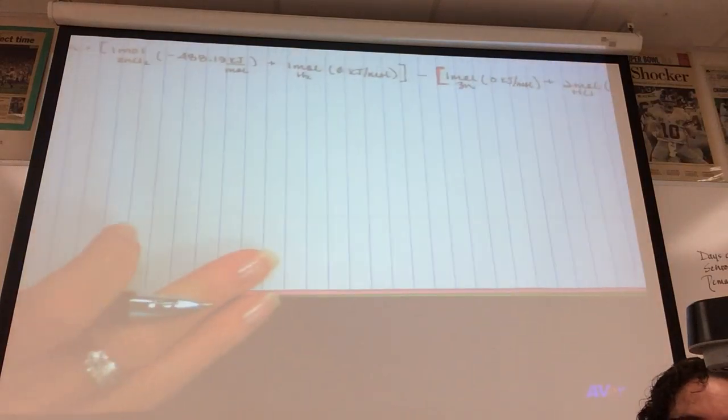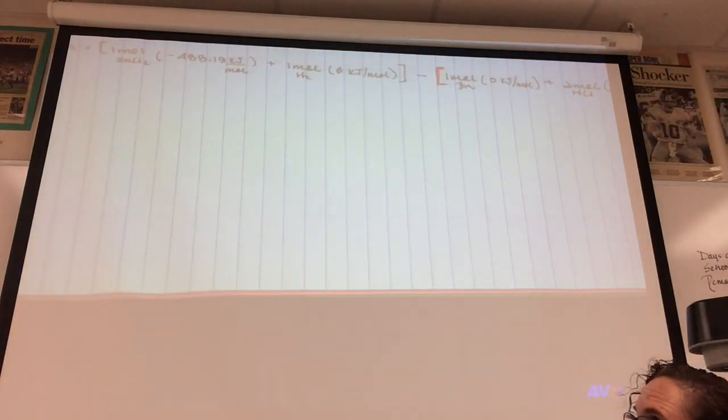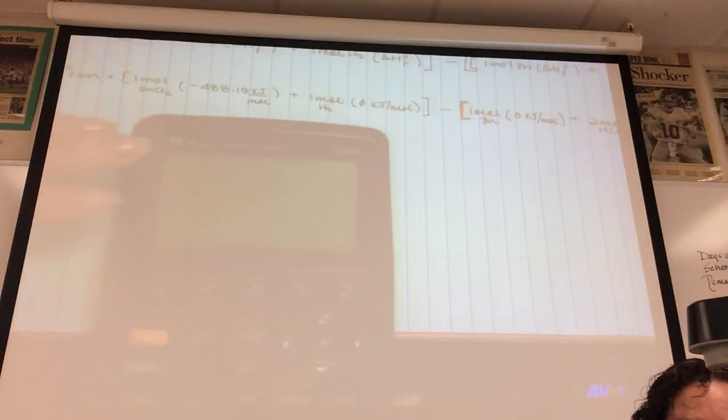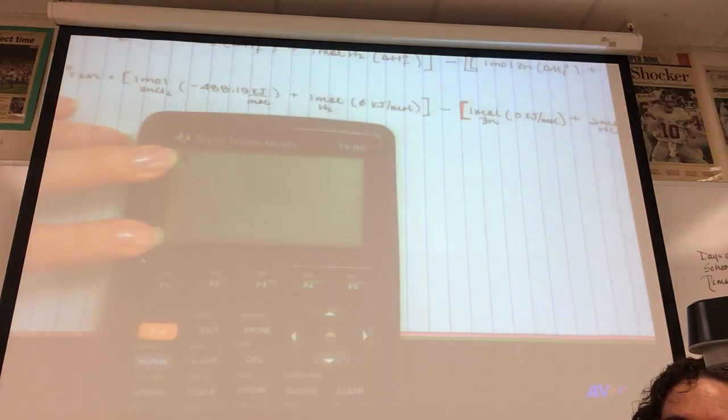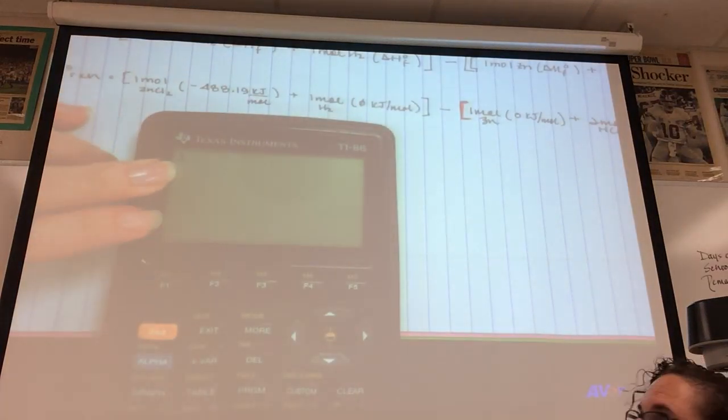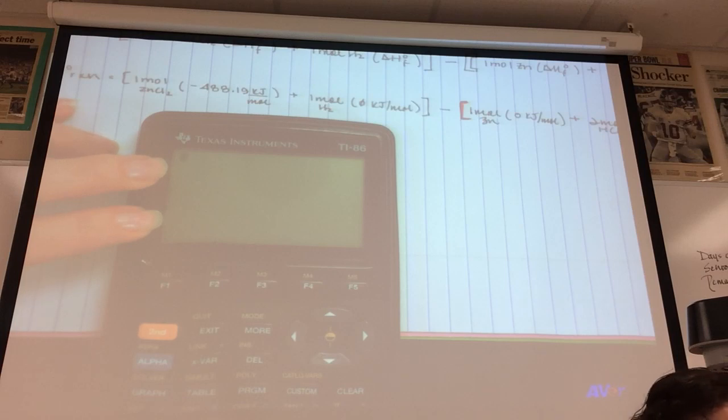So when I plug this in my calculator, what I like to do is, I've got negative 488.19. I don't need to add 0 to it, but let's say I did add 0 to it, and then I hit equals.